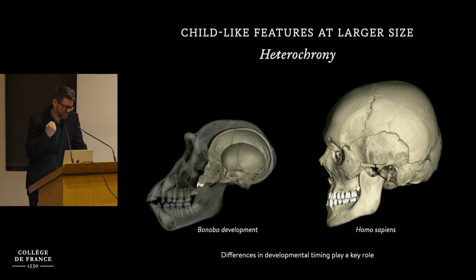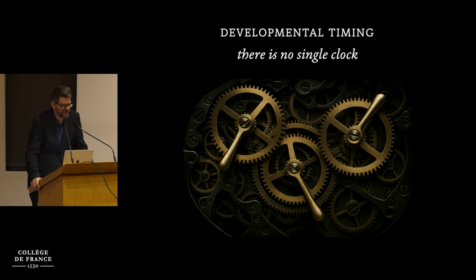What I want to challenge today is the idea that there is one single master regulator, one single clock. What I want to convince you of is that even when we're talking just about the skull, we're looking at evolutionary changes to many different clocks that are not perfectly synchronized. They are coordinated because the organism and parts of the organism need to grow and work and function together, but they're not perfectly synchronized.